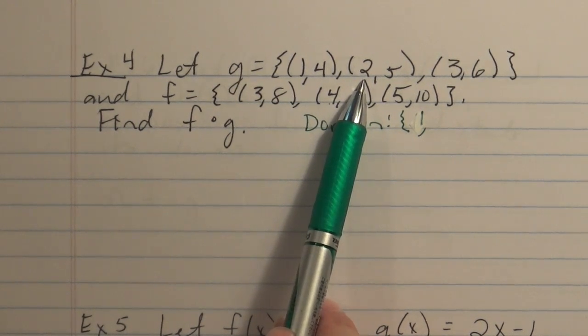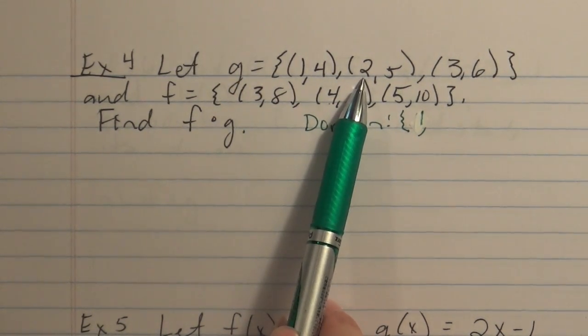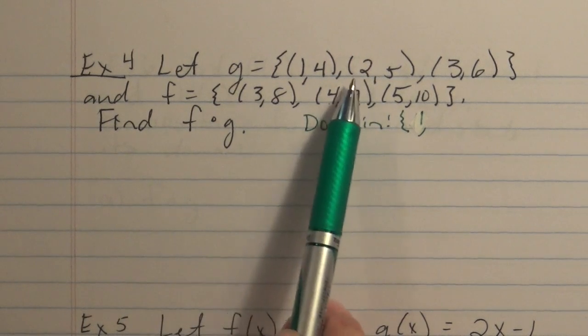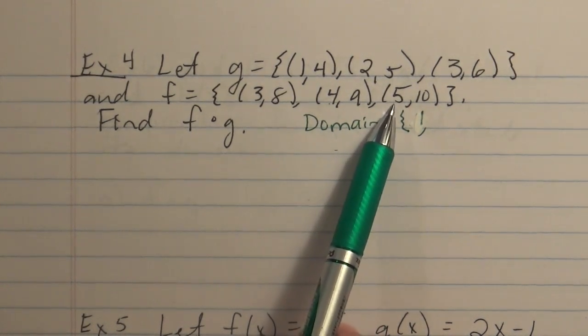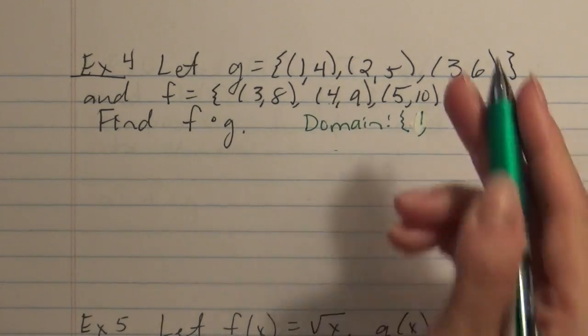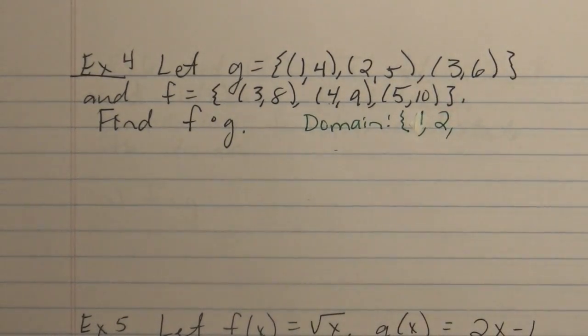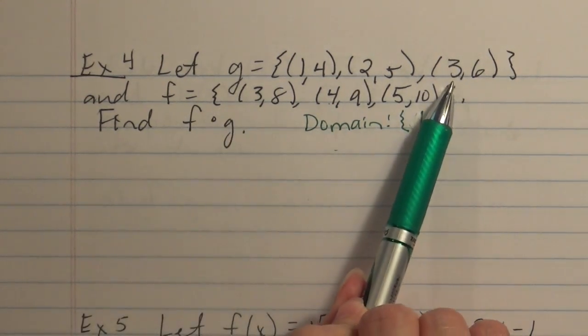Can we calculate f composite g of 2? Well, we'll start by finding g of 2, which is 5. Can we put 5 into the f function? Well, yes, there's an x value of 5, so we can calculate f composite g of 2. What's the next x value in our g function? It's the 3.